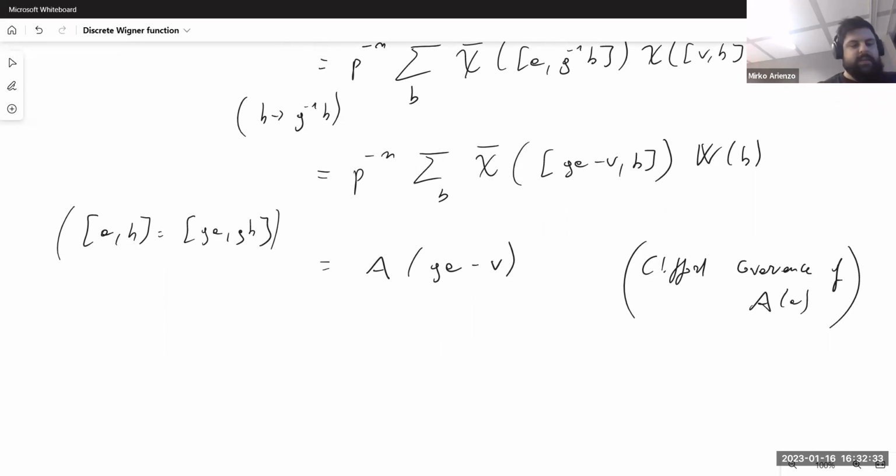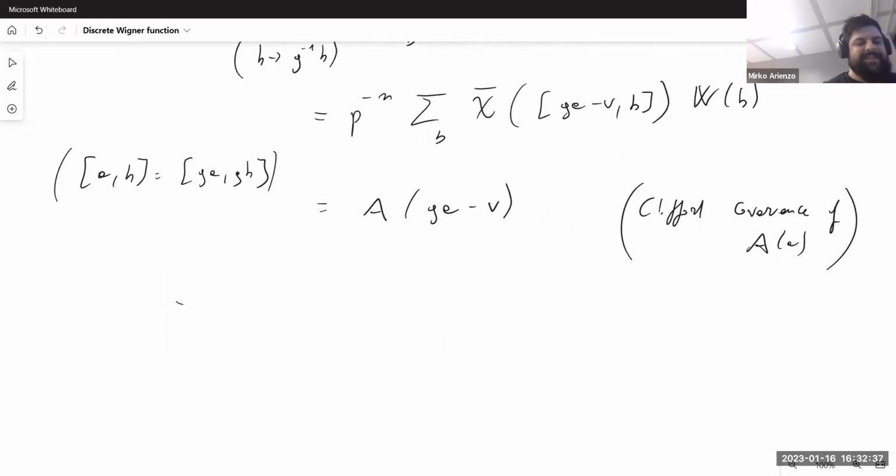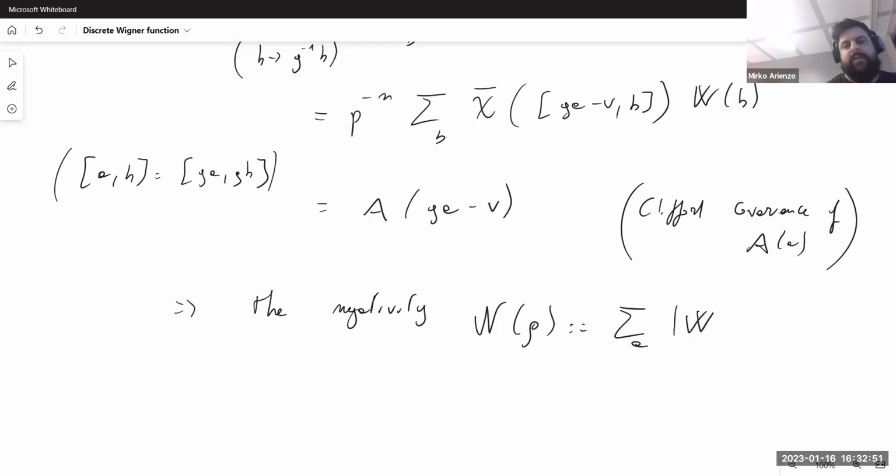Let me write this maybe. The negativity, which is defined as basically the L1 norm of the Wigner function, and which is a quantity greater than 1, is not changed in this case.